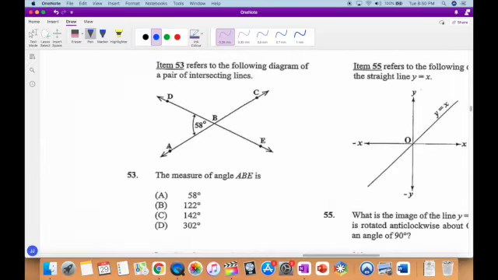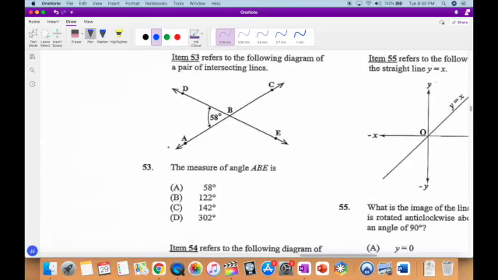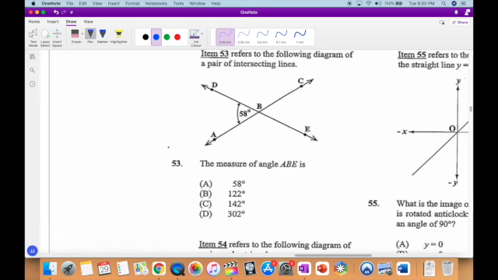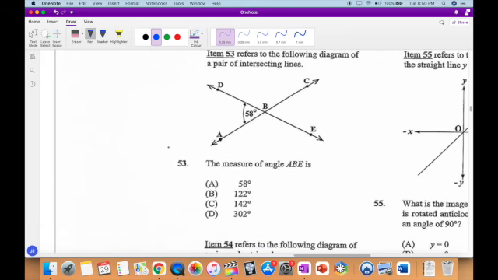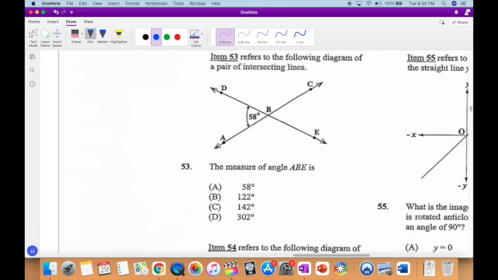Item number 53 refers to the following diagram of a pair of intersecting lines. The measure of angle ABE. So ABE is this one. Well, this here is going to also be 58 degrees because opposite angles, right? And of course these are angles around a point, so the entire circle is going to be 360.